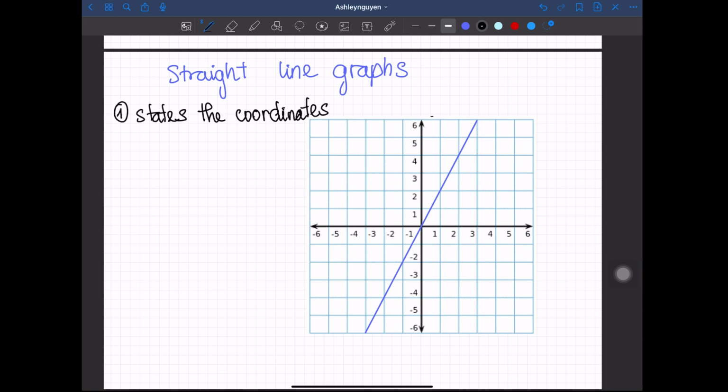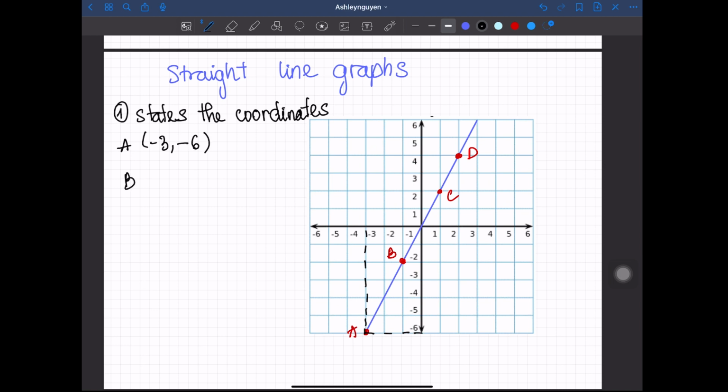I will choose 4 random points on the line, 1, 2, 3, 4, labeled A, B, C, D. So point A has the x coordinate as negative 3 and the y coordinate as negative 6.